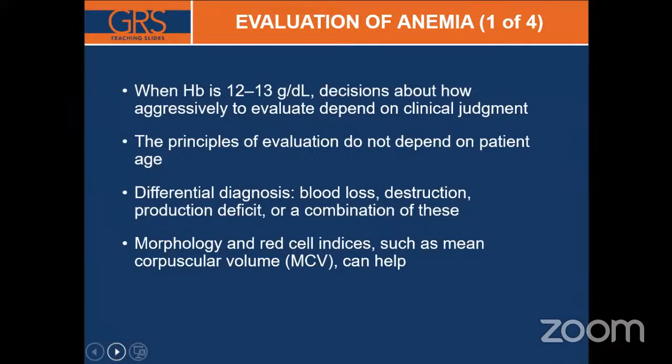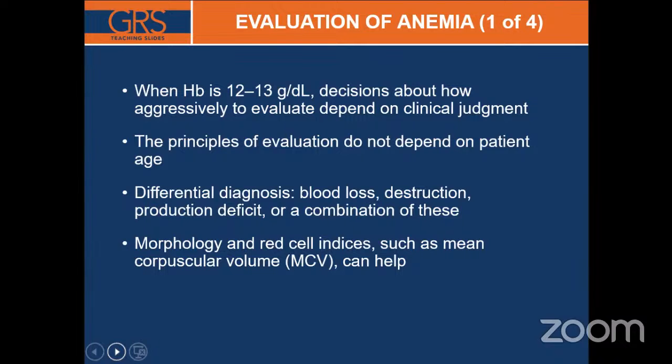These principles include assessing for potential causes of anemia and understanding the patient's overall health status. The evaluation should focus on identifying the underlying cause of anemia, which includes blood loss, production deficit, destruction of the blood, or a combination of these.